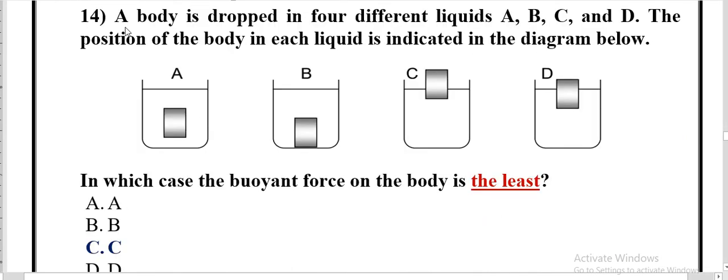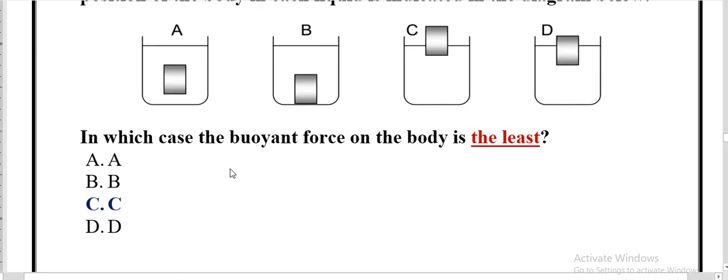Question number 14. A body is dropped in 4 different liquids, A, B, C, and D. The position of the body in each liquid is indicated in the diagram below. In which case is the buoyant force on the body the least? Buoyant force equals rho Vg: density of liquid, times volume of the part in the liquid.